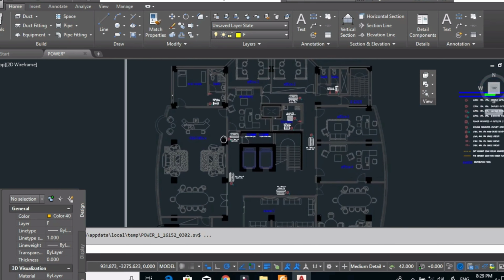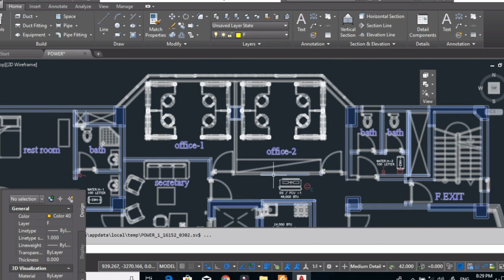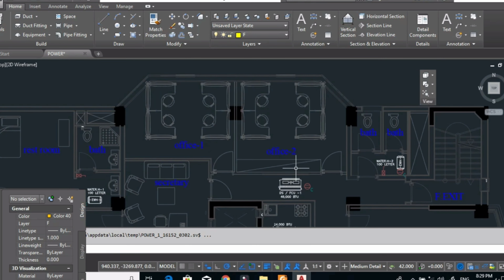See here this duct split in the mechanical room, the duct goes from here through this office. He feeds this machine to feed office number 1 and office number 2.